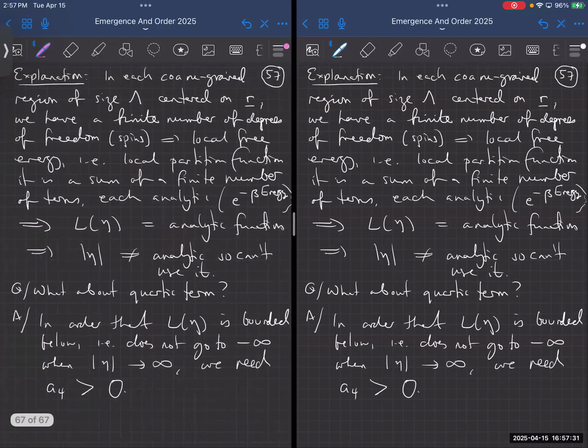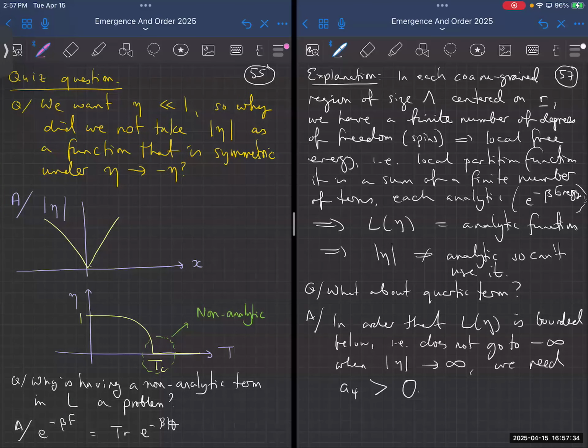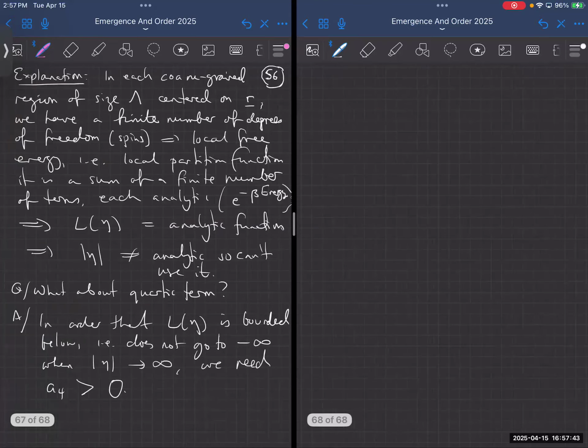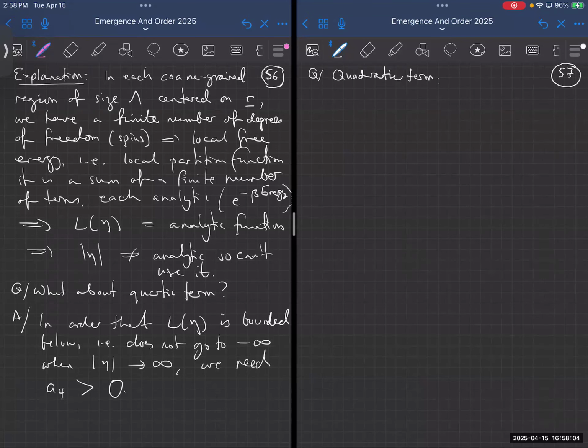All right. So now let's go back. So this page 57 is really page 56, apparently. Okay, so now let's have a look at what happens. So now we're going to look at the quadratic term. What we have is L is equal to A2 eta squared plus A4 eta to the fourth.